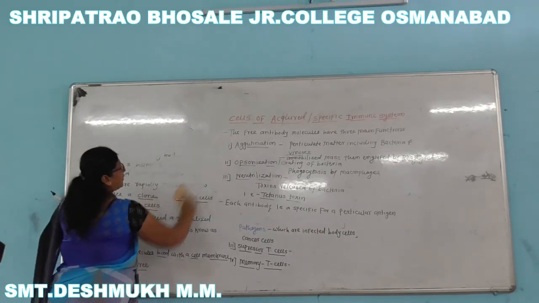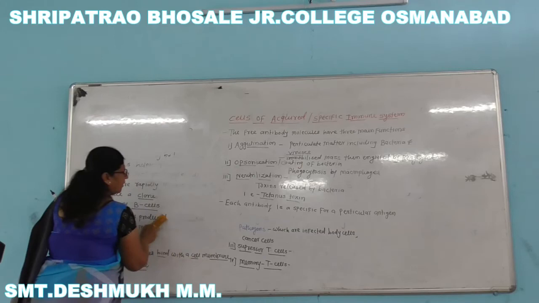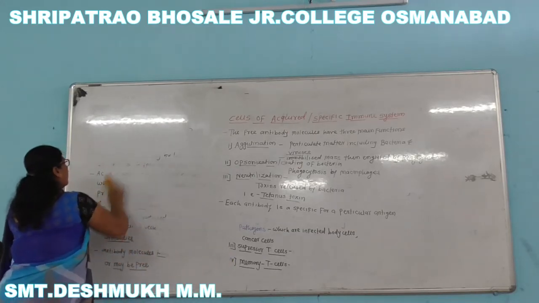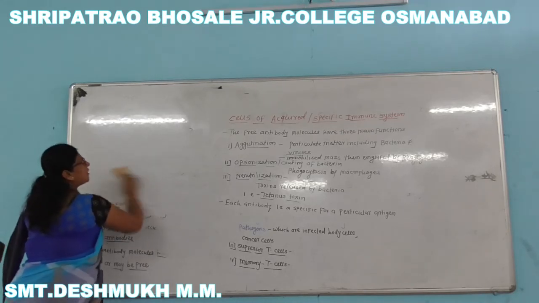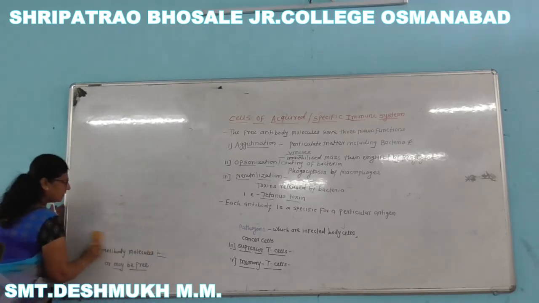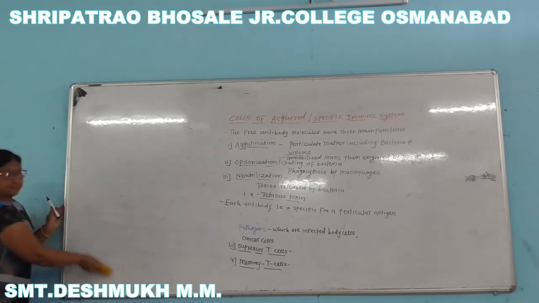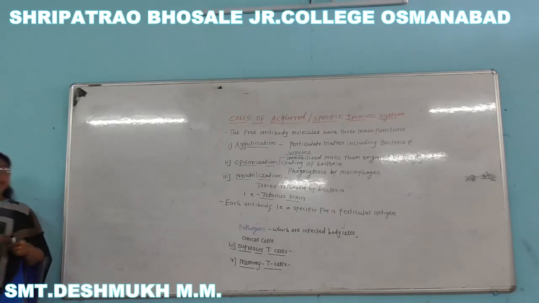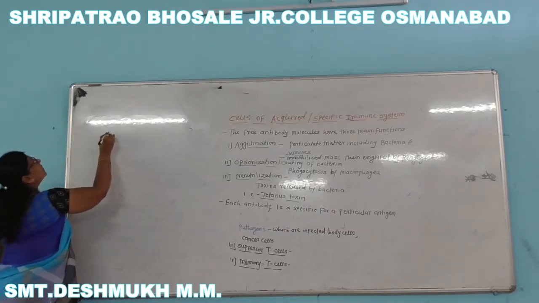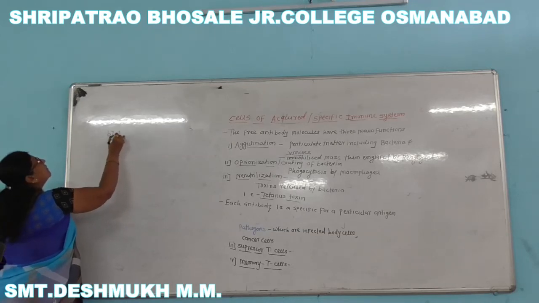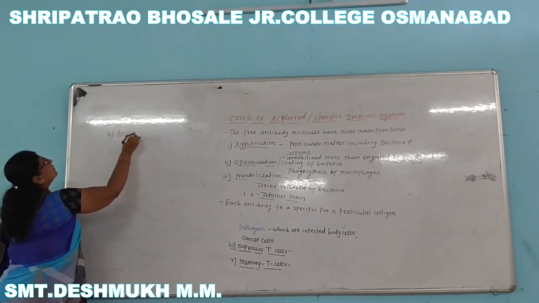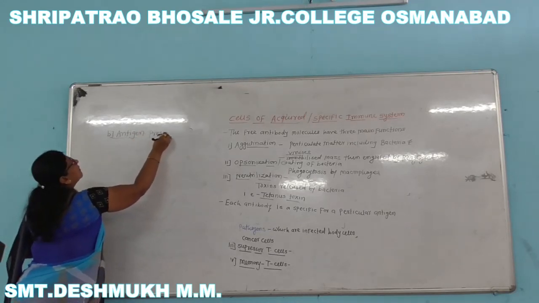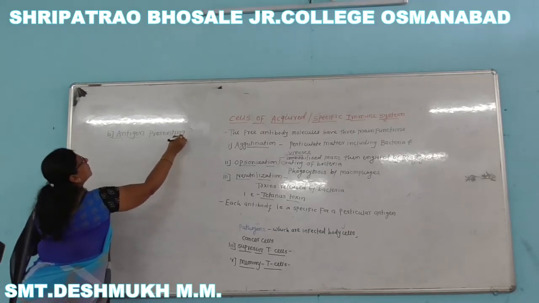Then the second group of cells of the acquired immunity system is the antigen presenting cells.